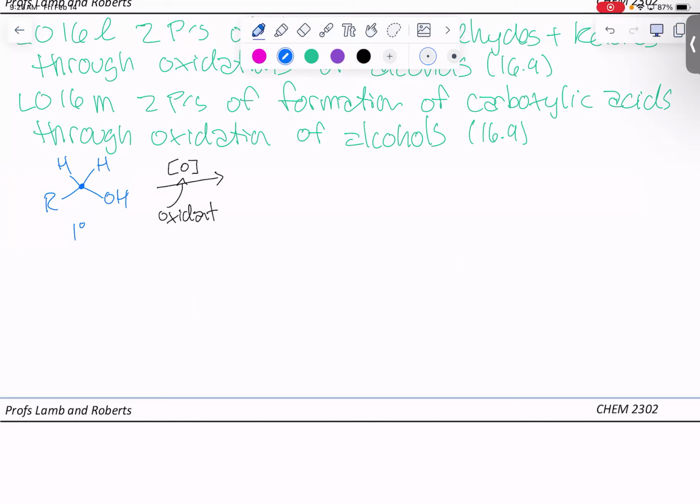When we oxidize, we can form an aldehyde. And this is that first learning objective, 16L.